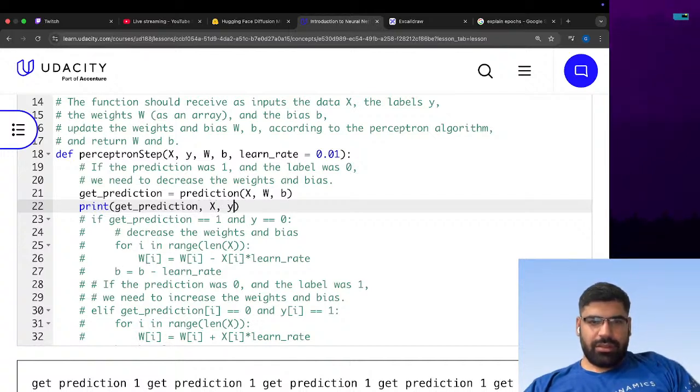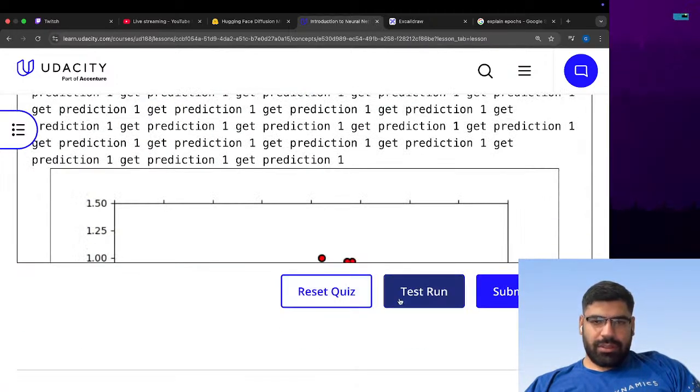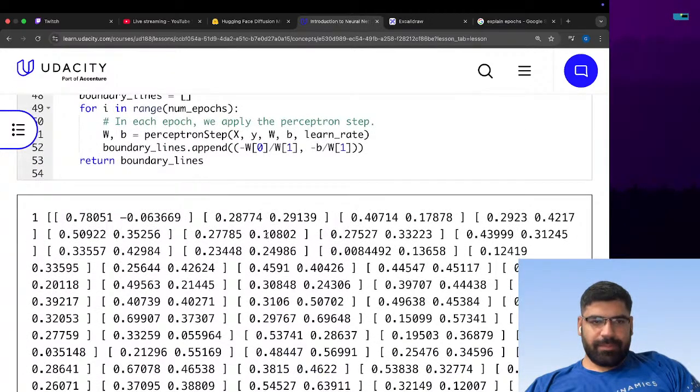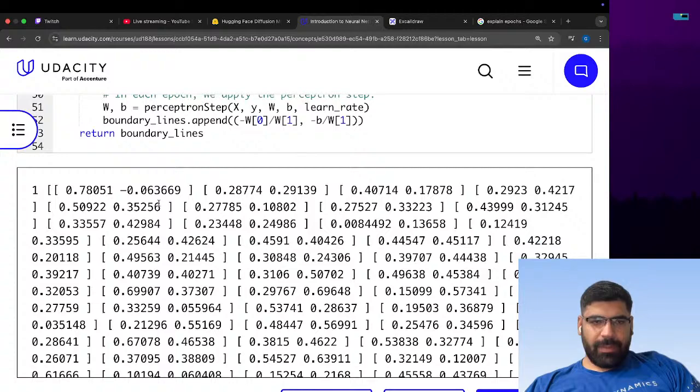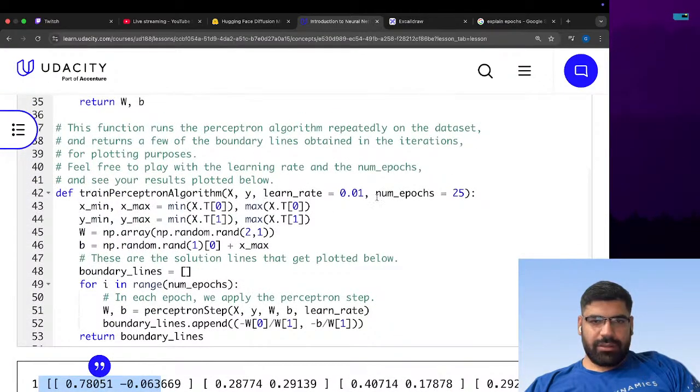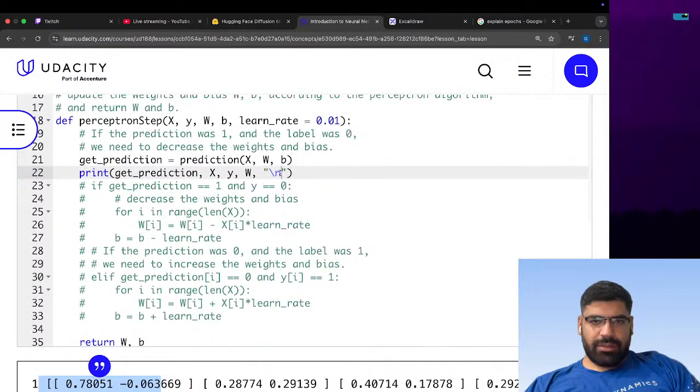Let's see if I'm getting prediction, then I'm getting X, Y, W. Okay, now I'm getting it like this. So it's going to create a whole... Okay, this is X, this is Y. Never mind. Should have done a better job.